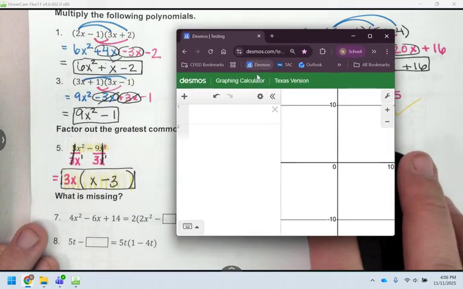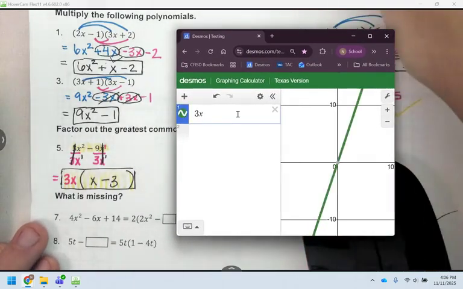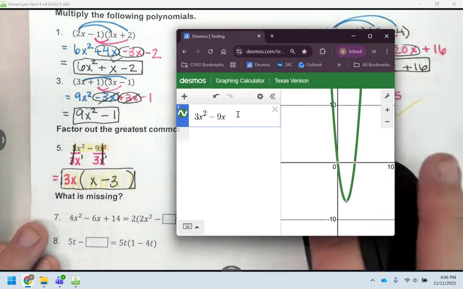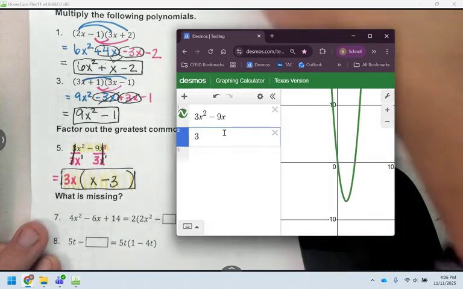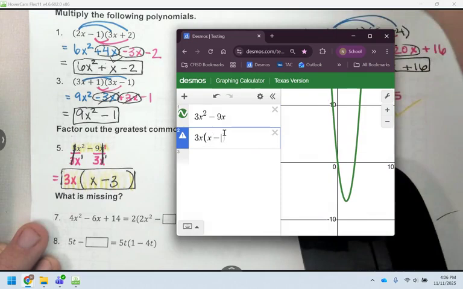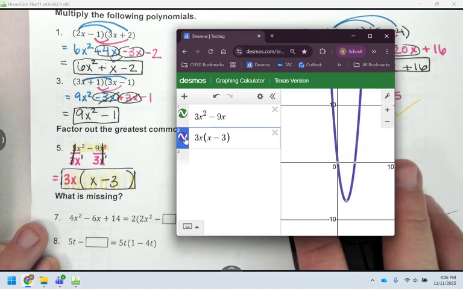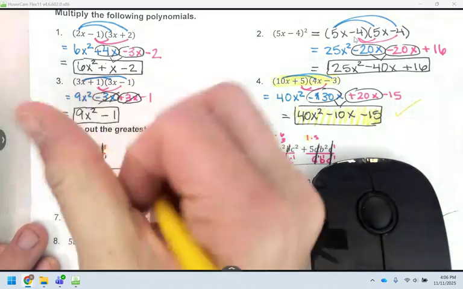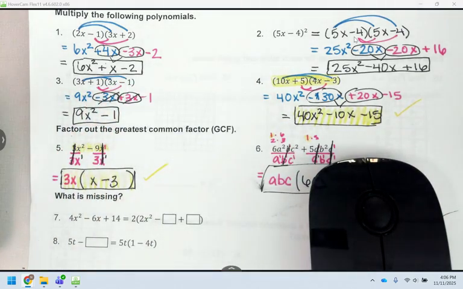All right, so we've got 3x squared minus 9x and 3x parentheses x minus 3. See if they are the same parabola. They sure are, so I at least know that one is a good answer.